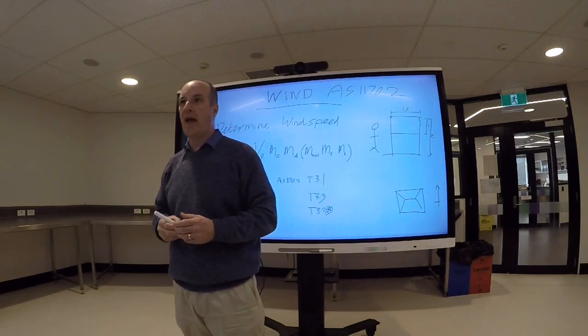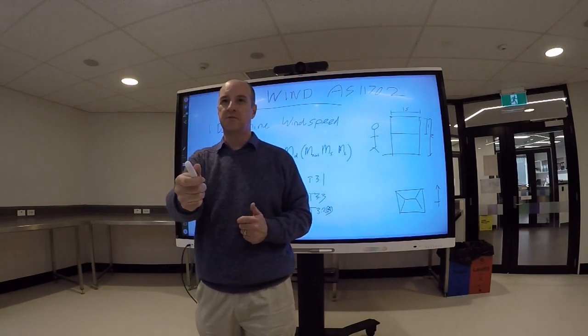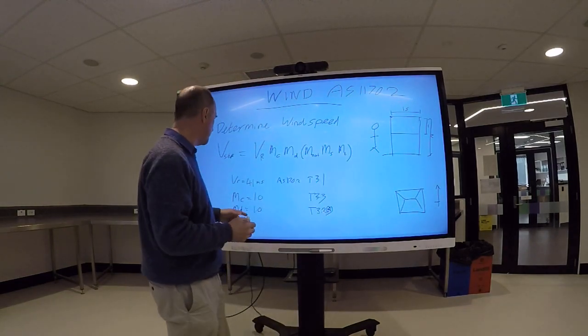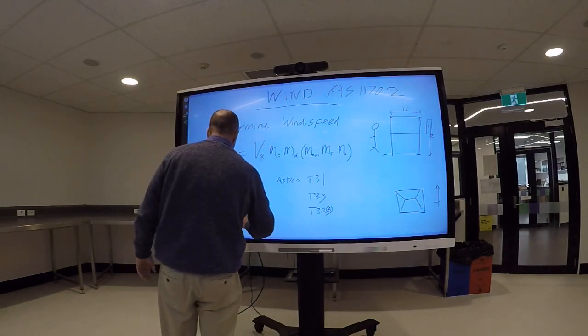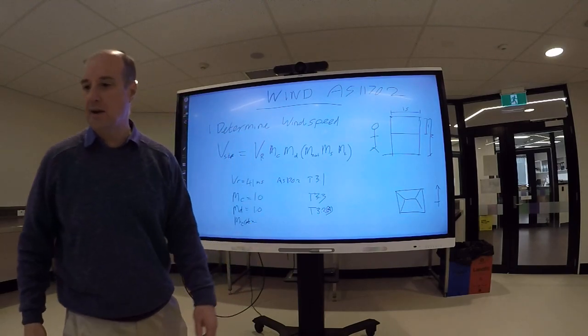Okay. And is it going to stay forested for the life of the structure? Yes, it's nature. Cool, all right. So let's go for terrain category 3. MZ cat equals, and I look up the table.